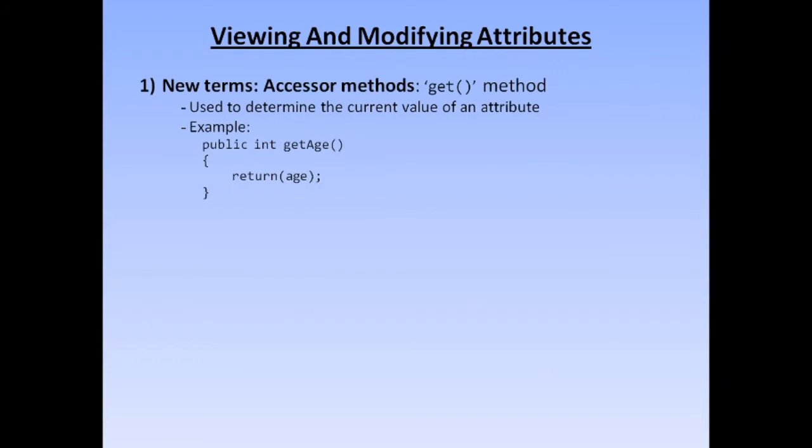Now, what are accessor methods? Accessor methods are those methods that are used to retrieve the value of an attribute of a class. We can name the accessor method get. Suppose we just want to get the age. Age is an attribute defined inside the class called Person.